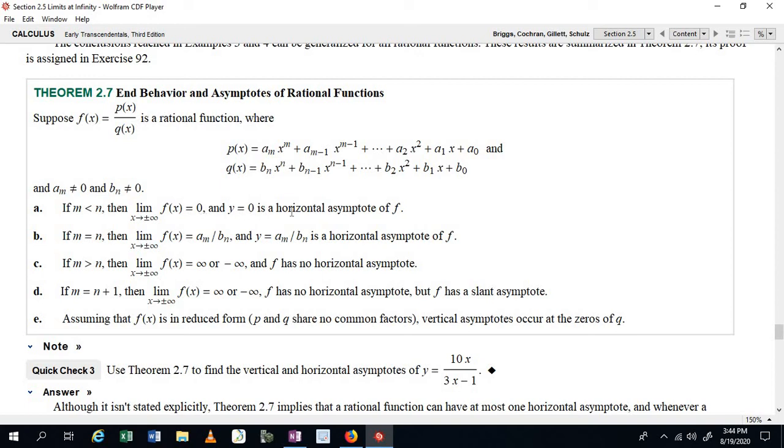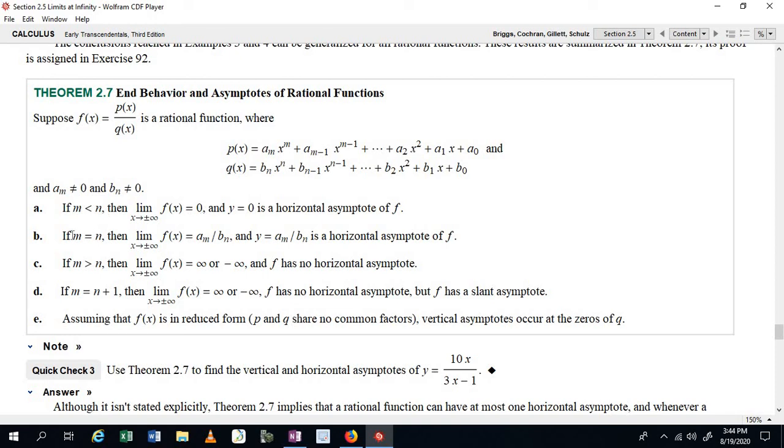And therefore, y equals 0 is a horizontal asymptote. So anytime the degree of the top polynomial is smaller than the degree of the bottom polynomial, you know that the end behavior for this rational function is 0 on both sides. It's heading towards y equals 0.